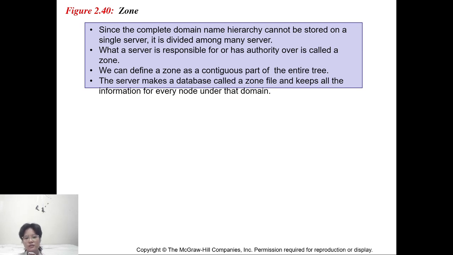What a server is responsible for or has authority over is called a zone. We can define a zone as a contiguous part of the entire tree. The server makes a database called a zone file and keeps all the information for every node under that domain.